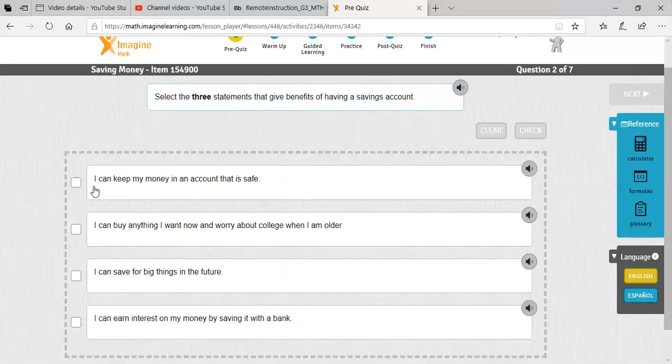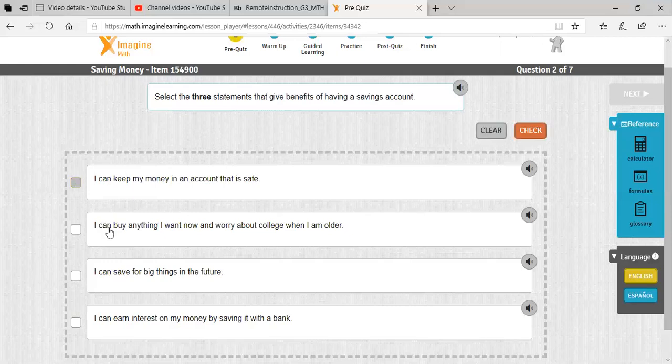I said that your money is protected, that you have your money available at any time, 24 hours a day, 7 days a week, 365 days a year. So that's good. Also, that your money is protected, right? And finally, they give you a reward. They pay you interest for having the money there. So I can keep my money in an account that is safe. That's a good one. And we need 3 of them.